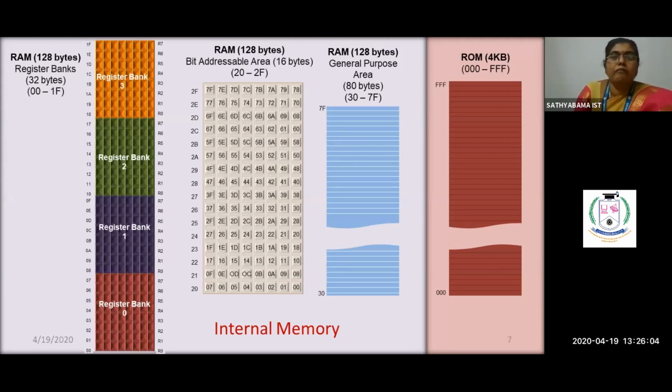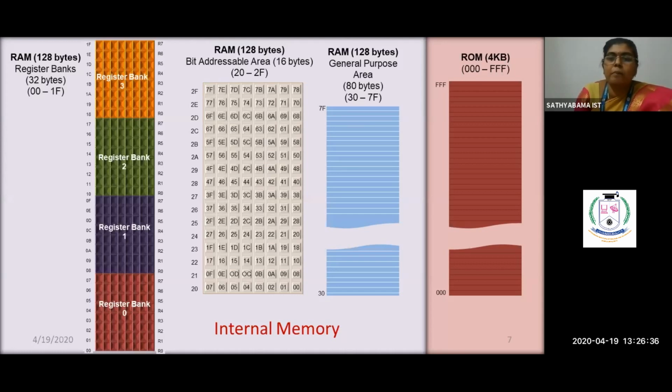The first one is the register bank area, register banks 0, 1, 2, and 3. The names start with R0 to R7 in each bank: R0 to R7 in register bank 1, again R0 to R7 in register bank 2, and again R0 to R7 in register bank 3. The next one is the bit addressable area. You can see the byte address is 20 to 2F, but in each byte we have 8 bits, 00 to 07.